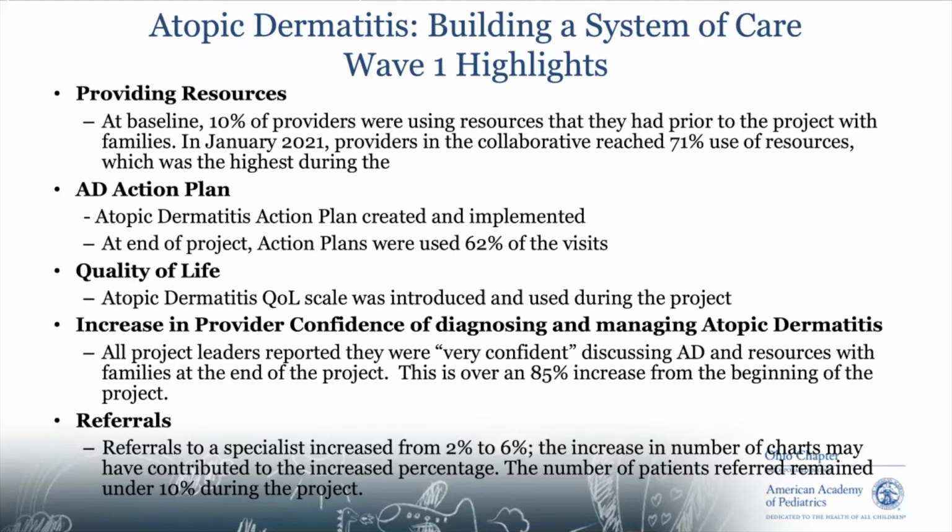One of the really unique aspects of this program was that not only did we focus on the medical diagnosis and management of atopic dermatitis, but we really looked at how atopic dermatitis can affect behavioral and psychosocial aspects of patients and families. And we introduced an atopic dermatitis quality of life scale that was used during the project.